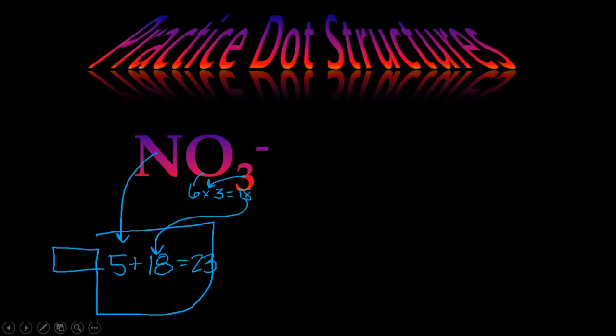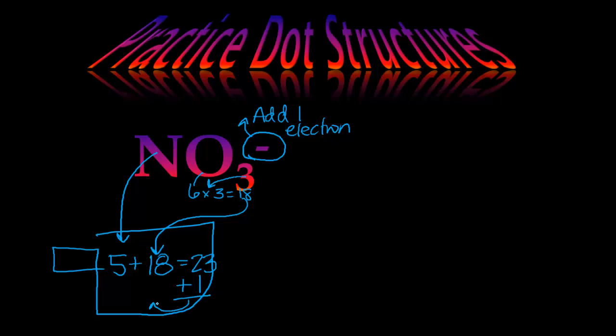Now, before I start adding things, I need to think of what this negative does. Well, the negative means I have more electrons. So in this case, I'm going to add 1 electron. So I'm going to take 23 and add 1 electron, which is going to give me a total of 24 electrons in my pot.